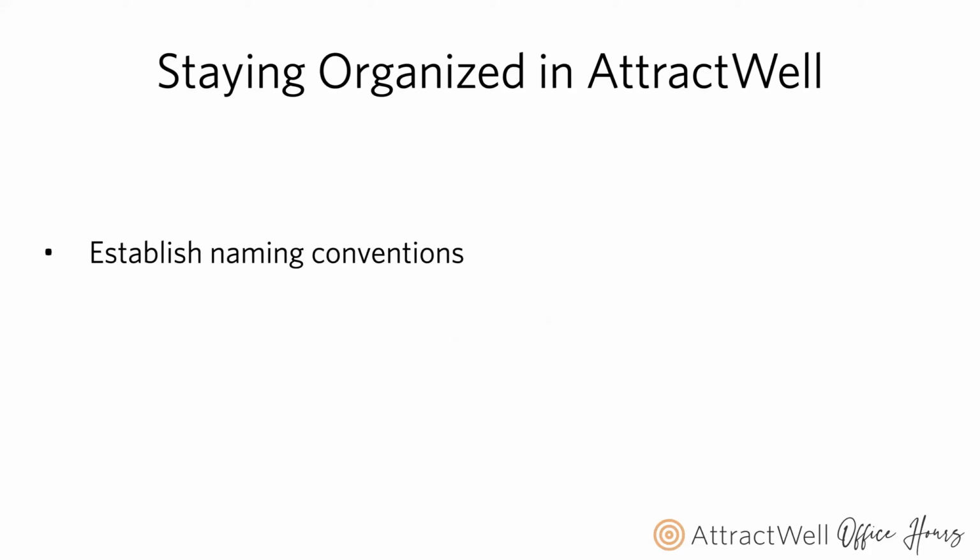3 key things that you're going to want to know. The first thing is that we want to establish naming conventions, which is just a fancy tech way of telling you that you need to have a system around how you name things and you need to keep it. We'll talk about what that looks like. We'll also talk about collections, which is a feature in AttractWell that you can utilize to keep things organized.